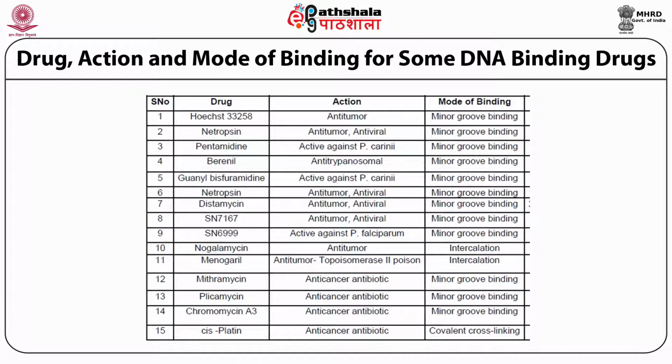You can see here that drugs such as Hoechst 33258 is an anti-tumor agent, and netropsin, pentamidine, berenil, guanyl, bisfuramidine, distamycin, SN7167 and SN6999 are all minor groove binders. However, nogalamycin and menogaril, which have anti-tumor properties, are DNA intercalating agents. Again, mithramycin, olivomycin and chromomycin A3 are minor groove binders, and cisplatin is a covalent cross-linking agent.